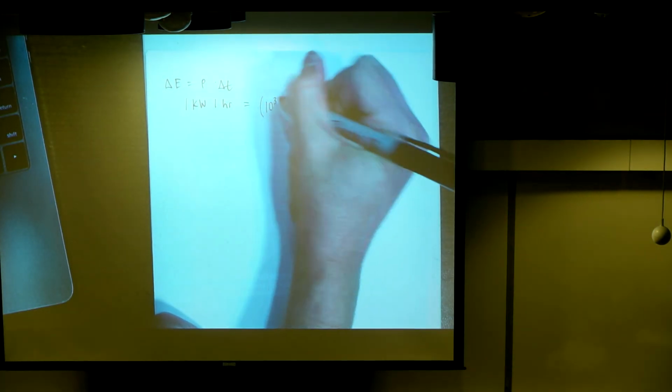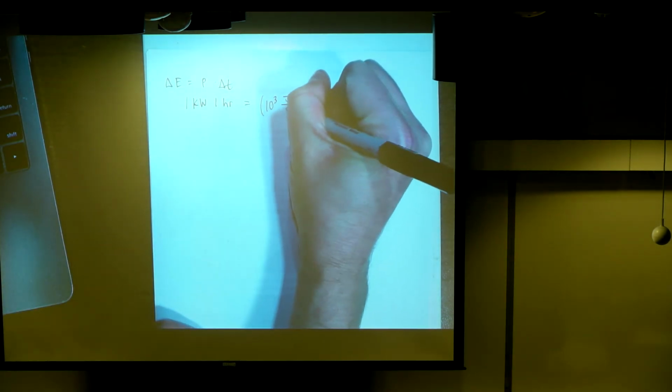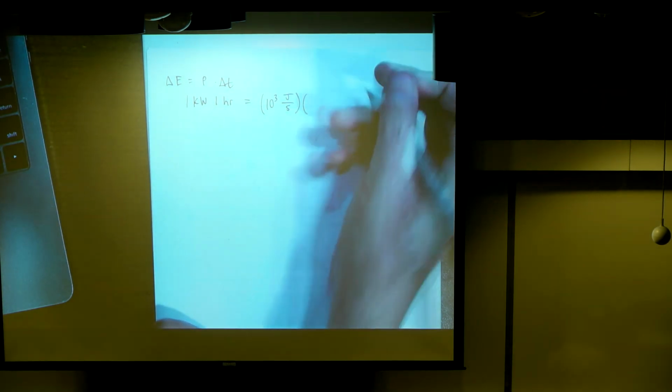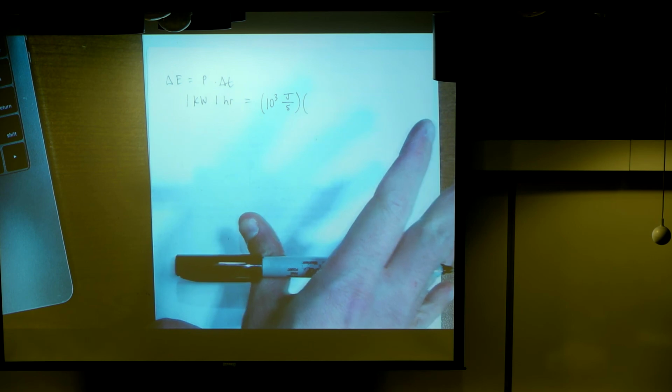Okay, unit prefix kilo. What power of 10 does that refer to? That's 10 to the 3. A kilo is the unit prefix equivalent to 1,000 or 10 to the 3. And then what is a watt equivalent to? 1 joule per second. Okay, so if we could just convert hours over to seconds, then you would see that the seconds would cancel, you'd just be left with joules, right?